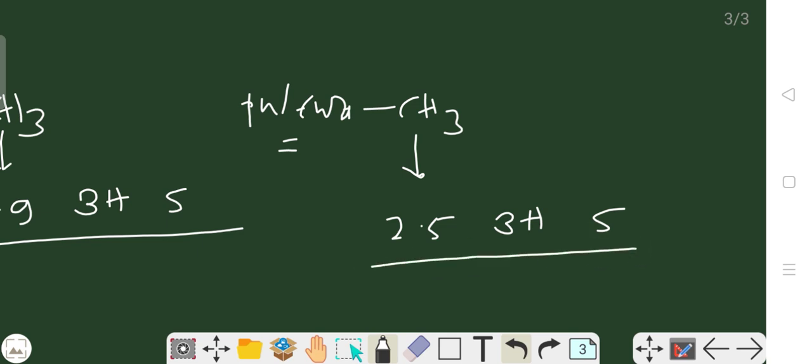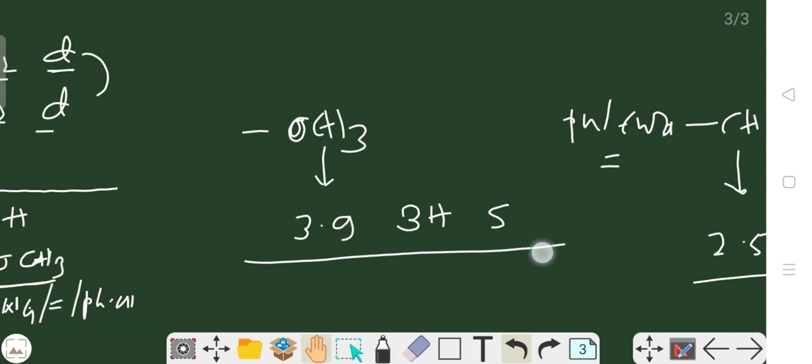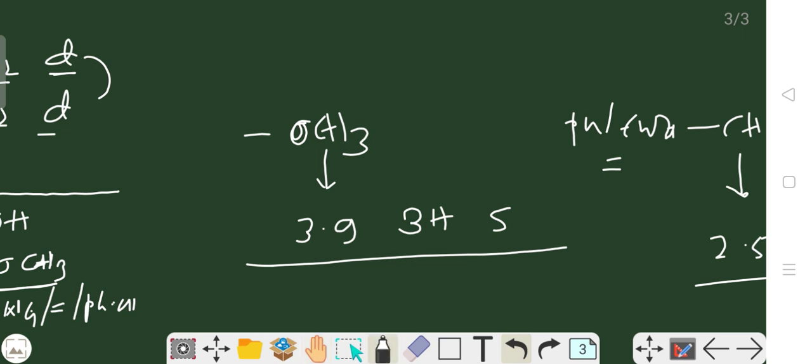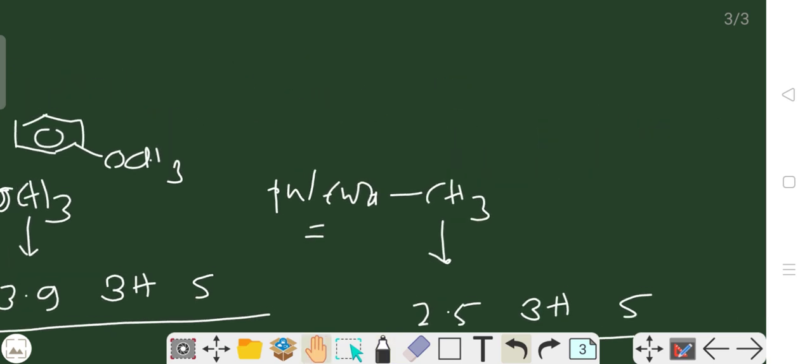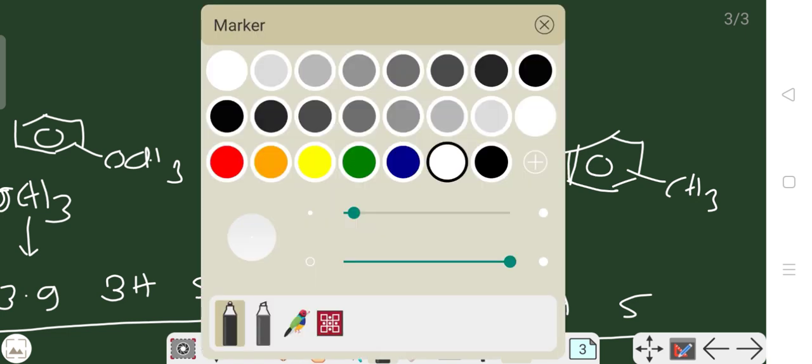So now from that we can simply conclude that this should be your methoxy derivative OCH3, and this should be your other one. So now from that we can match the fragments and predict the correct structure.